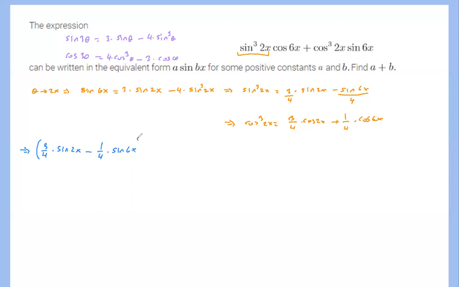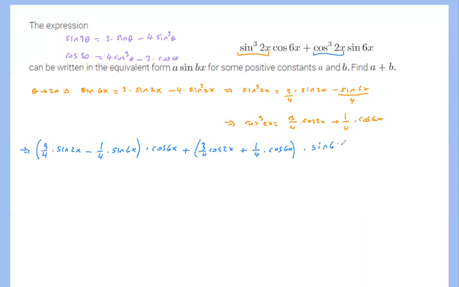So this is my sine cube 2x, times cosine 6x, plus, and then instead of the cosine cube 2x, which is this guy on the right side, that will be 3/4 cosine 2x plus 1/4 times cosine 6x. Again, this is equal to cosine cube of 2x, and then times sine 6x.